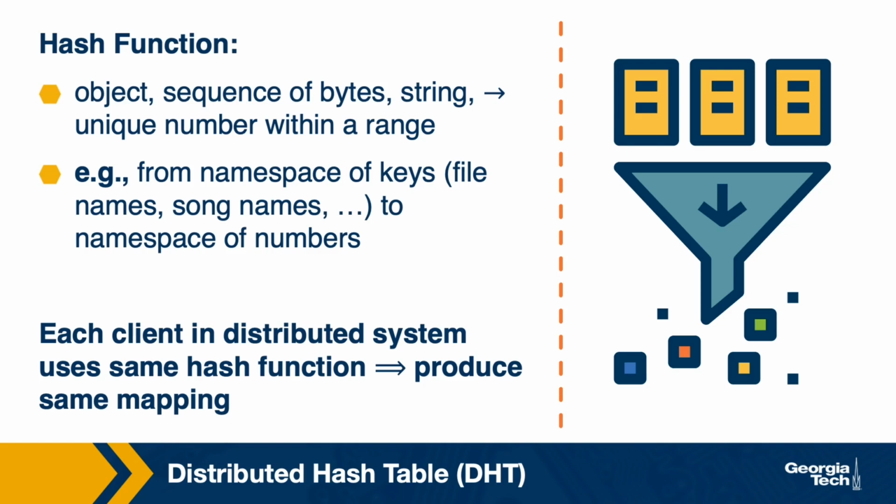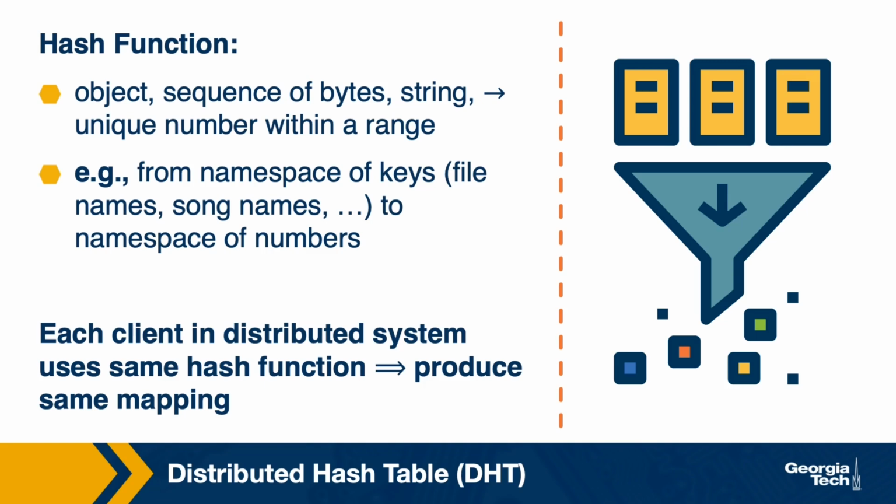The function has some unique properties, and for instance, it guarantees that it will always produce the same output from the same given input. It's also guaranteed to randomize how the inputs get mapped to some sufficiently large space of these output identifiers. When using a DHT, every single participant in the system would use the same hash function.